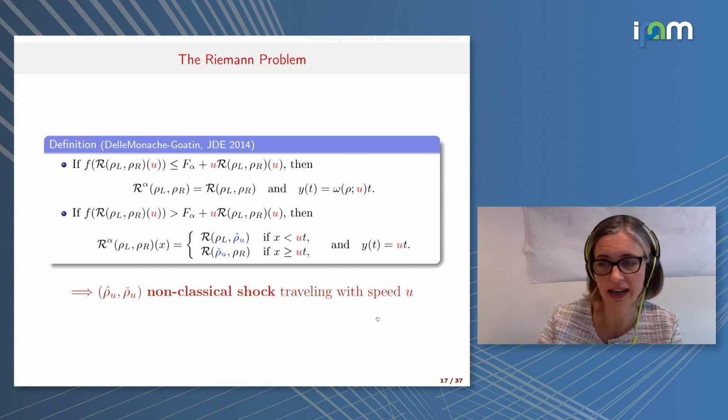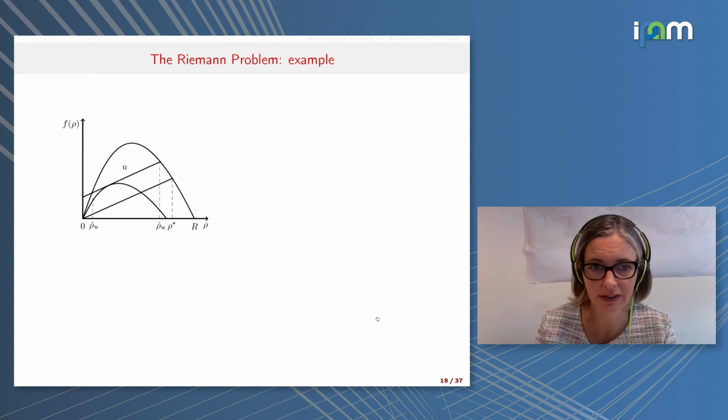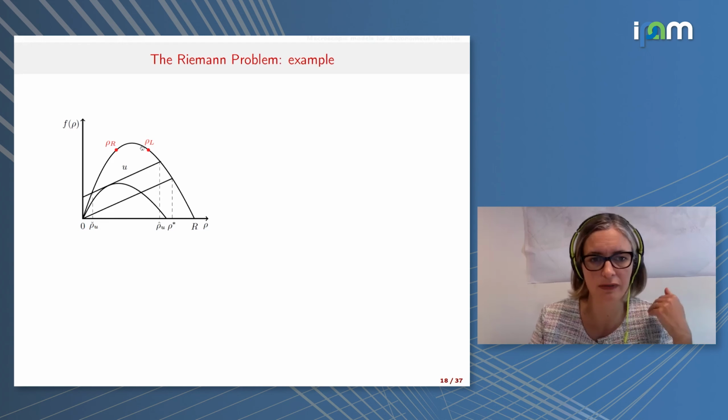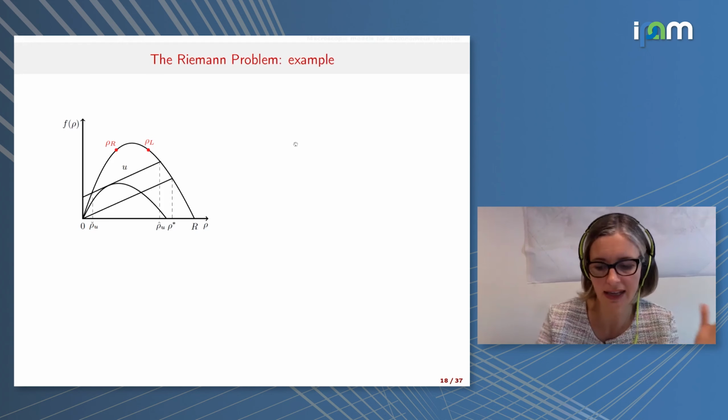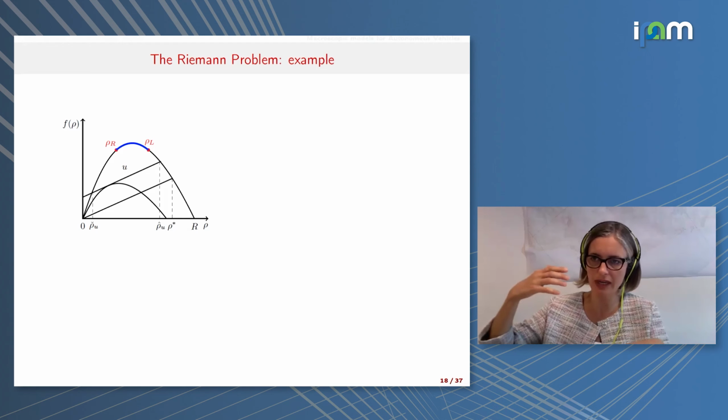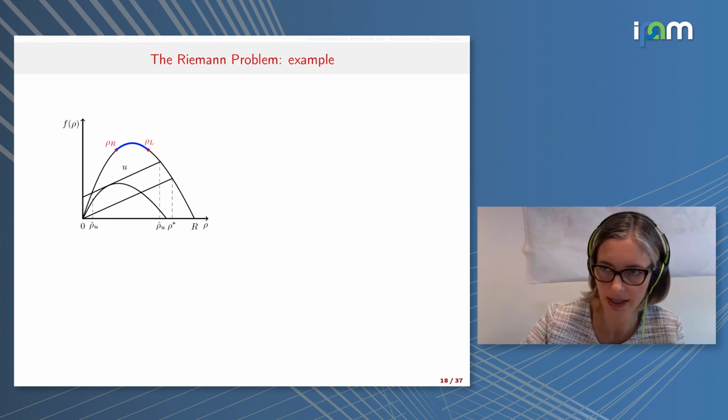So I hope to be clearer with some drawings. Okay, I should speed up. Let's imagine that we have these two density values. This is upstream the vehicle. This is downstream. The classical solution would be a rarefaction wave, okay? Because we come from higher density to lower density.